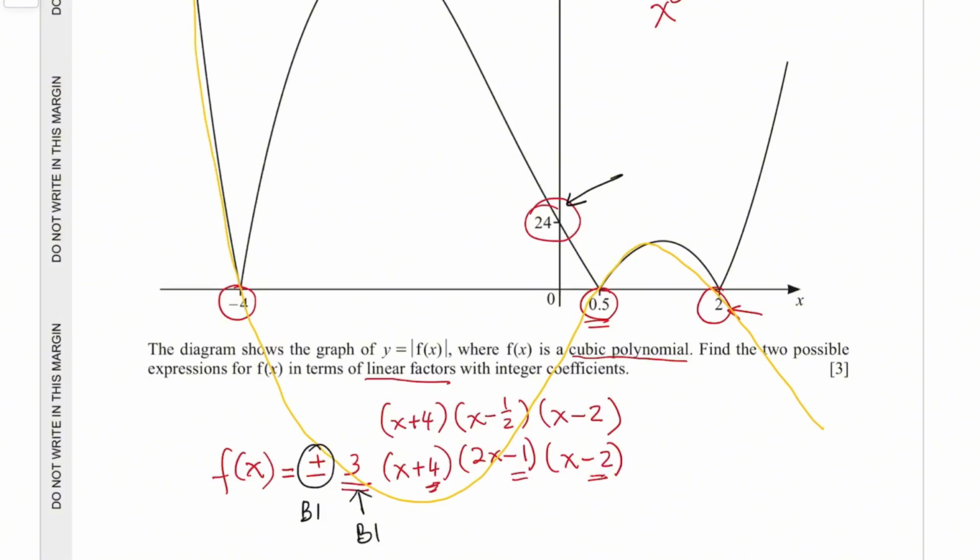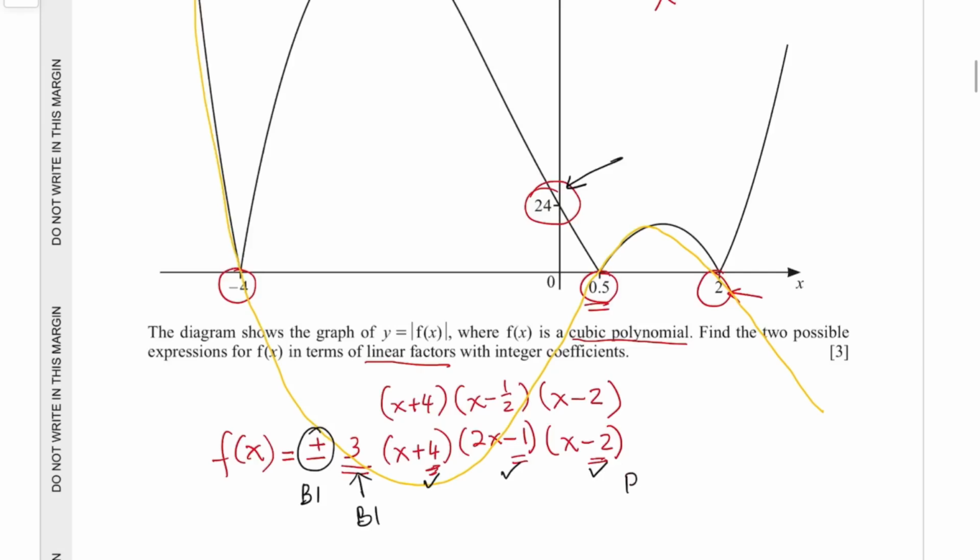When you get the 3, then you get the second B1 mark. Now, the last B1 is when you have all 3 terms, x plus 4, 2x minus 1 and x minus 2. Okay, that is your last B1 mark. And altogether, you can have 3 marks there.